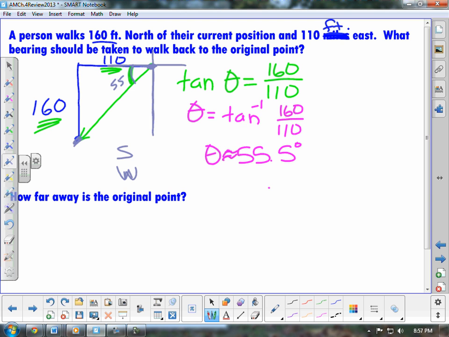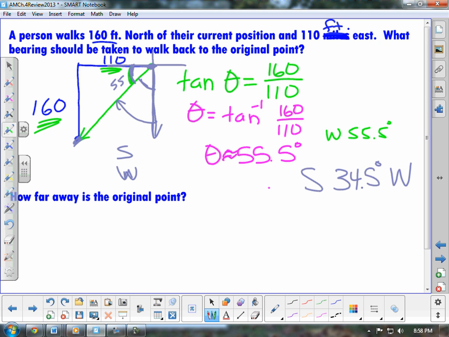So if we're going to go south first, we're going to need this angle. Well, if we have 55.5 for this angle, this one is complementary to it. So that is going to be 34.5 degrees, and then west. If you wanted to choose to write it as west 55.5 south, you could also.